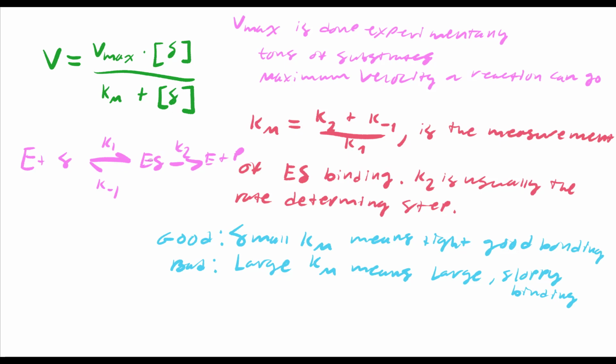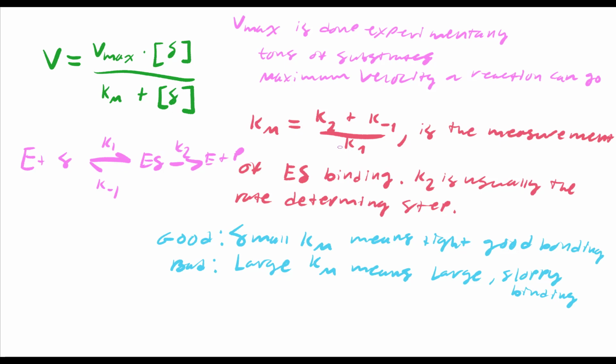So imagine that K2 and K negative 1 add up to 2, but K1 was 1,000,000. So 2 divided by 1,000,000 is a very small number. And if we have a very small Km, that's going to be really good. It means a tight, good bonding, okay?